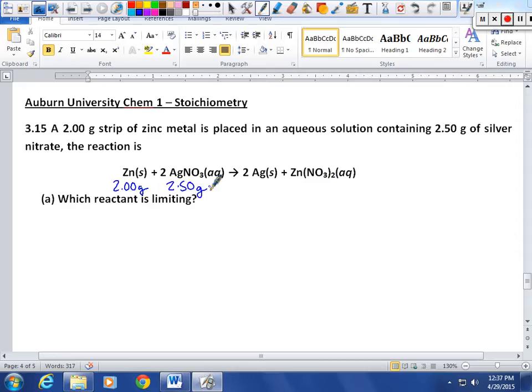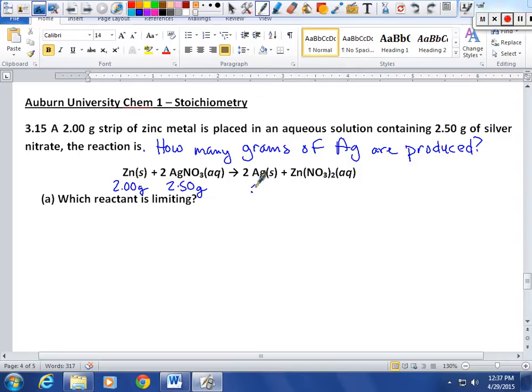The reaction is, and then here's the question, and for some reason it's left out, but we need to ask this. How many grams of Ag are produced? Okay, so that's our question. How many grams of silver would be produced?